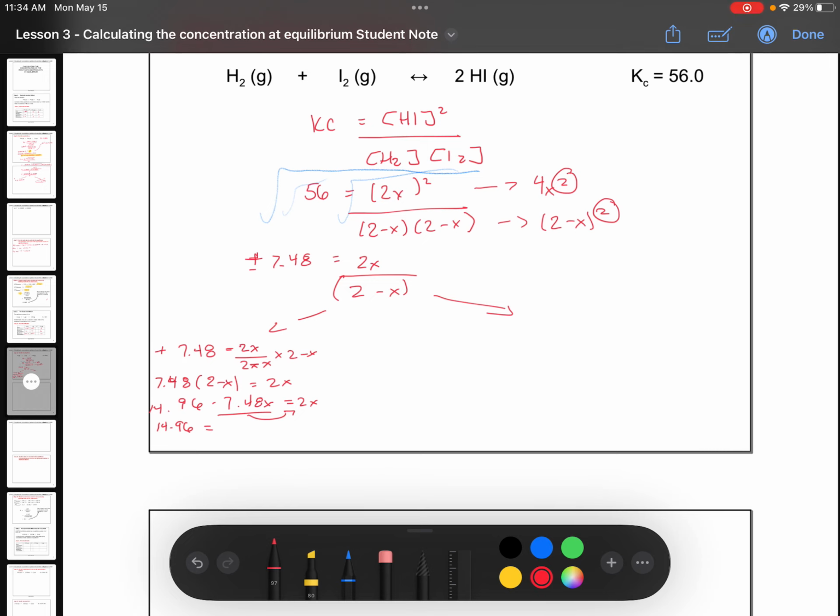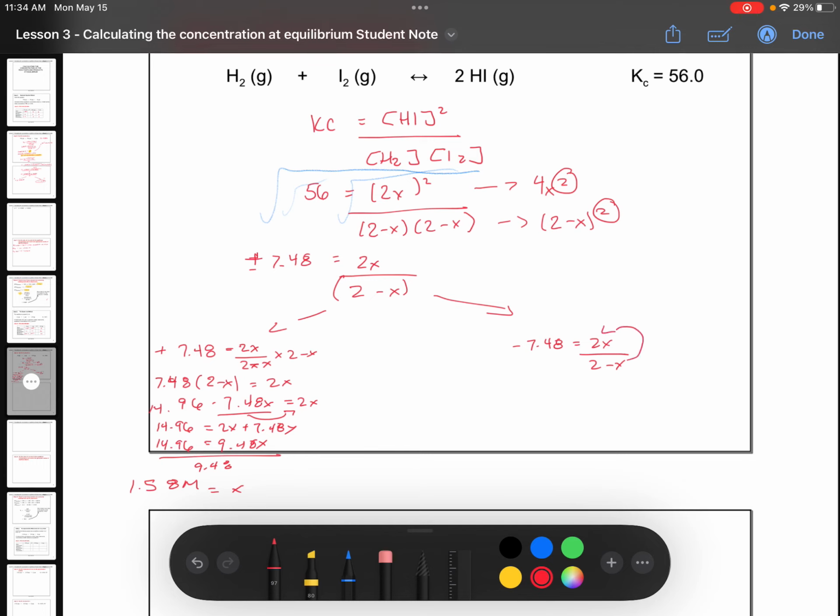And then if we were to rearrange, because this is x, it goes on the other side, we'll be left with 14.96 equals our 2x plus 7.48x, which would give us 9.48x equals 14.96. And if you divide both by 9.48, our x would be 1.58 moles. Now we do the same for the other.